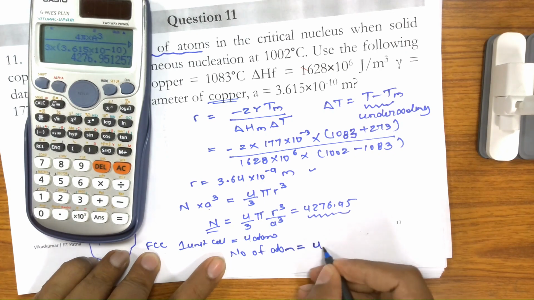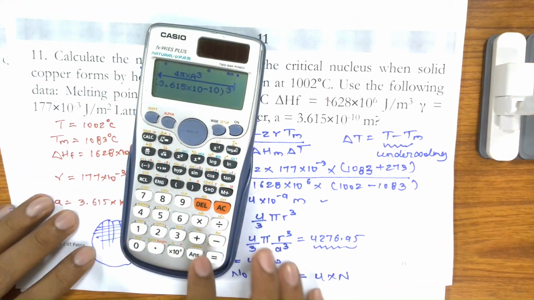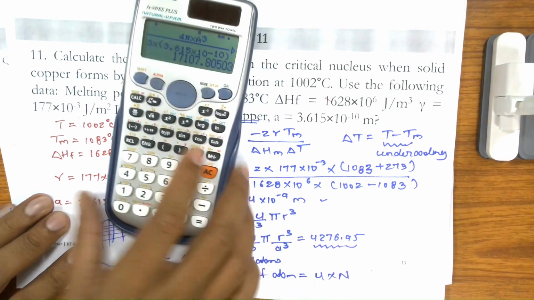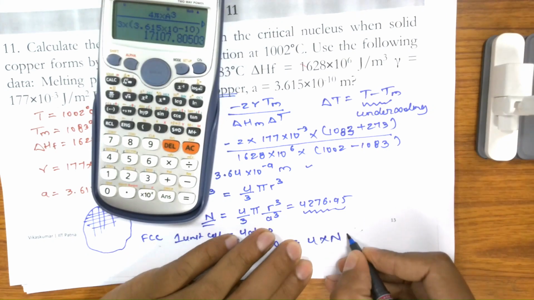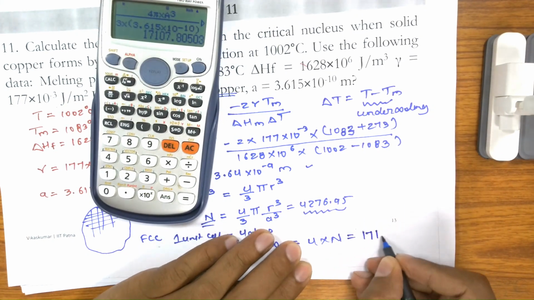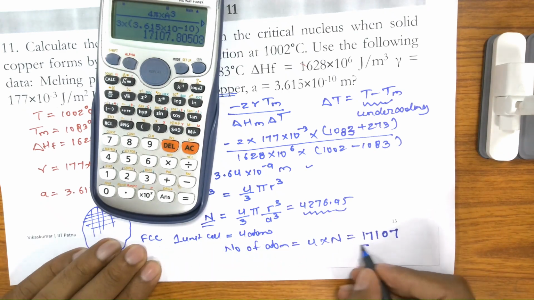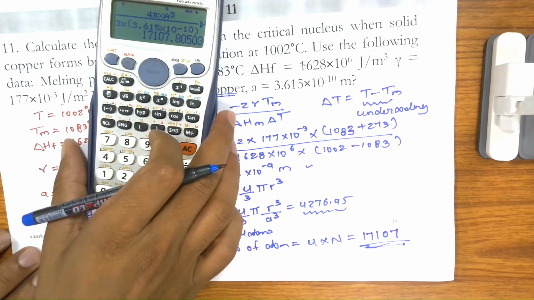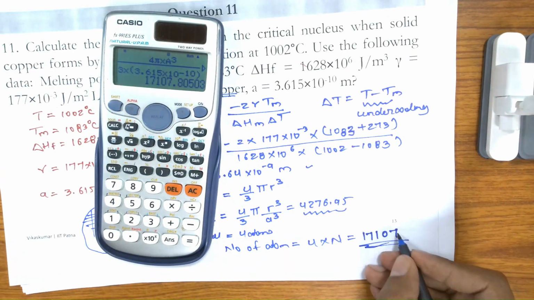We will multiply 4 with the number of unit cells. So the final answer we got is 17107. This many atoms are there. The last digit is 8, so let's round off to 8.